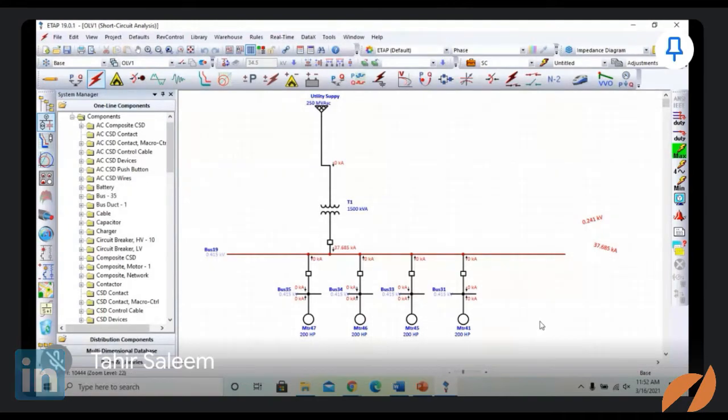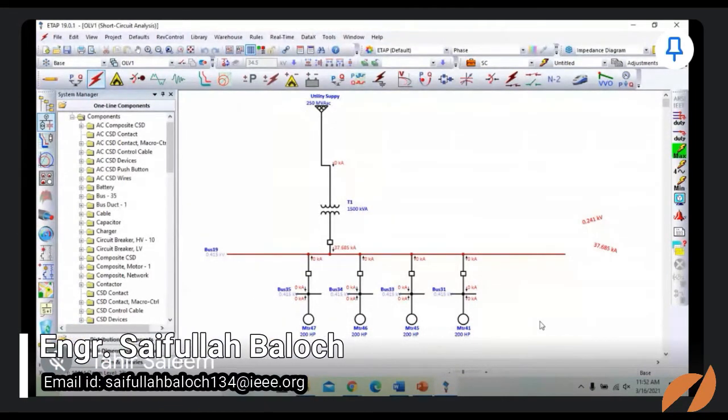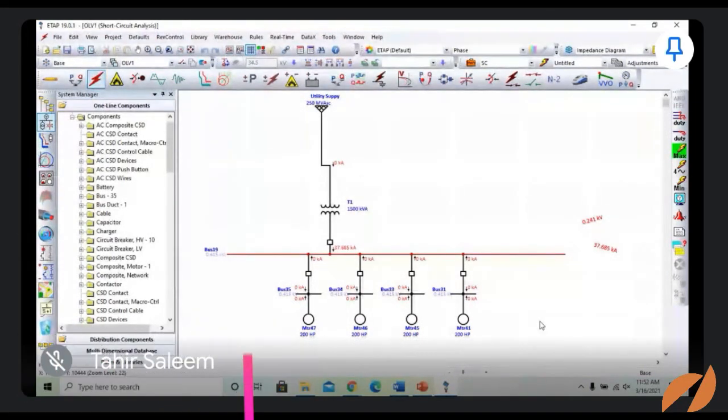This is according to IEC 61364, as mentioned in the Schneider book, Electrical Installation. You can go through it and find the reason behind why this line to ground fault has a maximum value because of impedances.